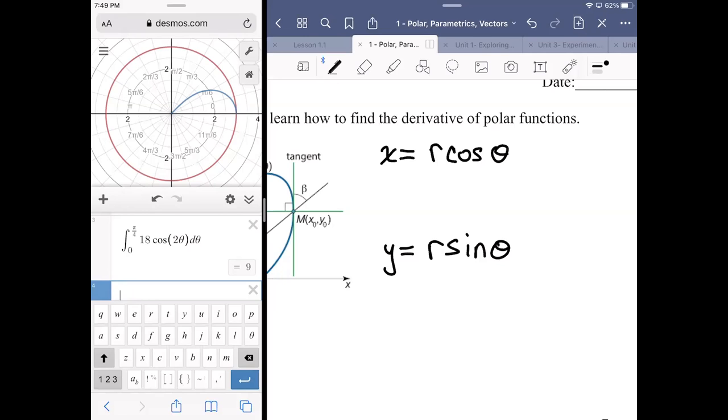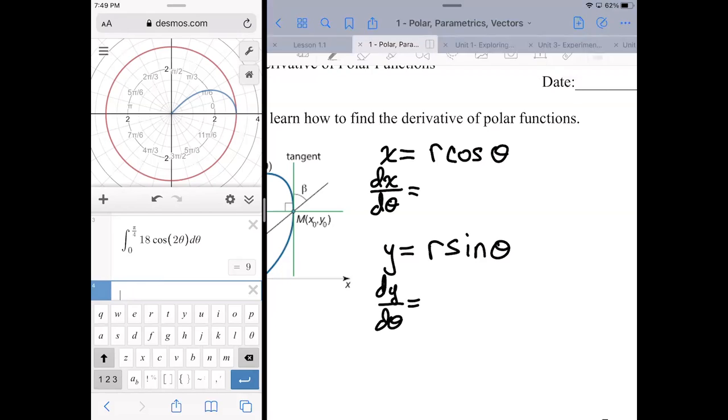But what we're going to do is take the derivative implicitly, right? So I'm going to find the derivative dx with respect to, and again, it doesn't matter as long as you're consistent, I'm going to do dx d theta and then dy d theta. All right.